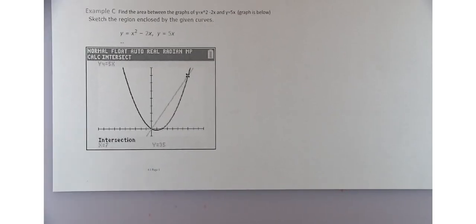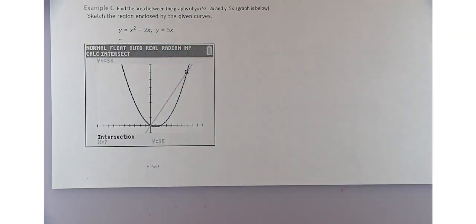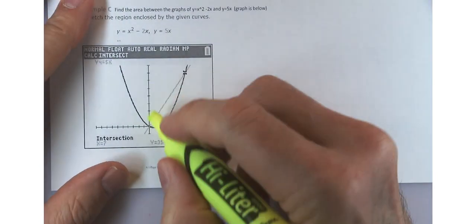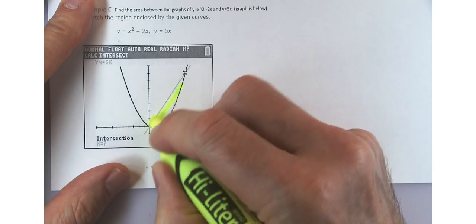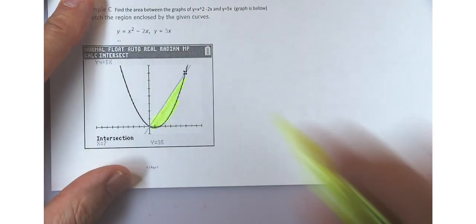Such is the case in example C. It says find the area between the two curves, x squared minus 2x and 5x. So certainly y equals 5x is going to be the straight line here. I want to find the area between the two curves, so that's this little piece right here. So you get kind of this little sliver right there.